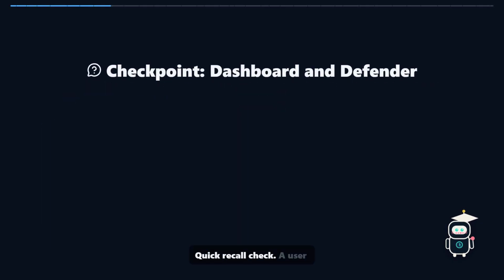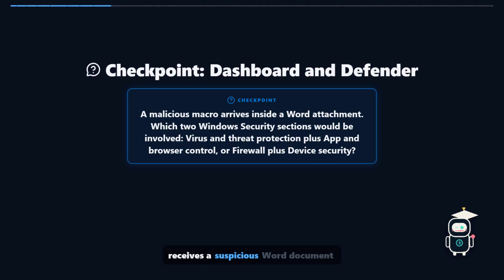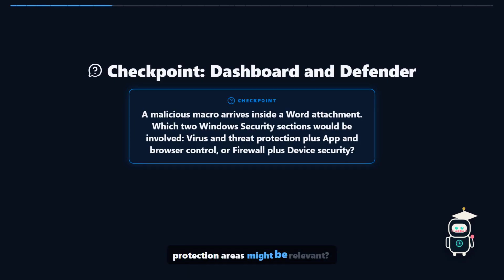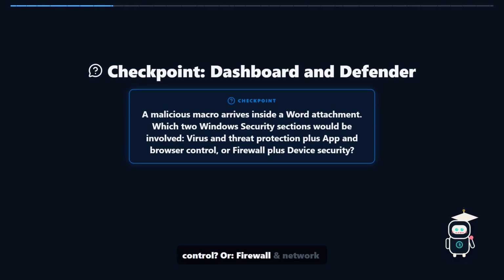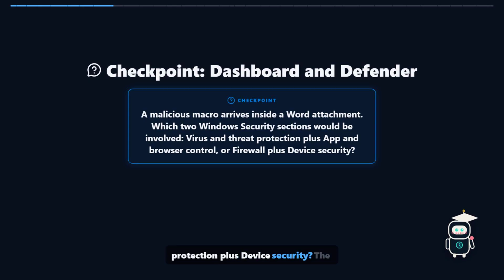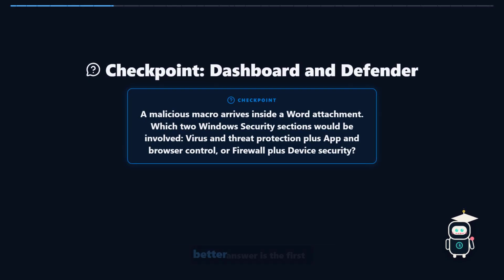Quick recall check. A user receives a suspicious Word document containing malicious behavior. Which Windows protection areas might be relevant? Is it virus and threat protection plus app and browser control? Or firewall and network protection plus device security? The better answer is the first pair.